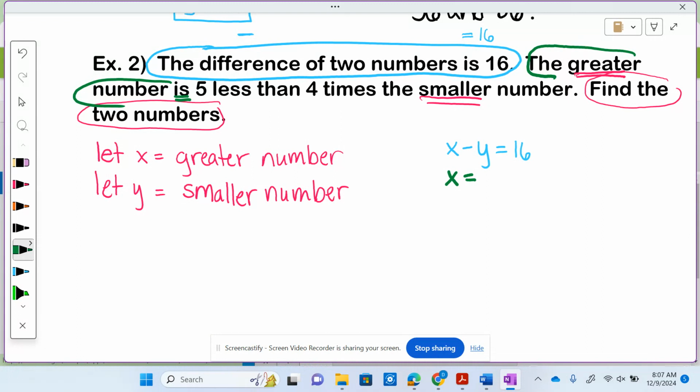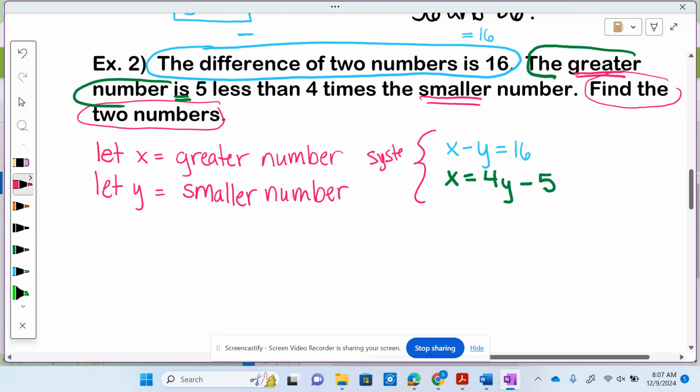How do we show that? It's not 4 minus 5, 4 times the smaller. 4y minus 5. Good job, you three. Nice job talking it out. 4y minus 5. So this is our system. Those are our two equations.